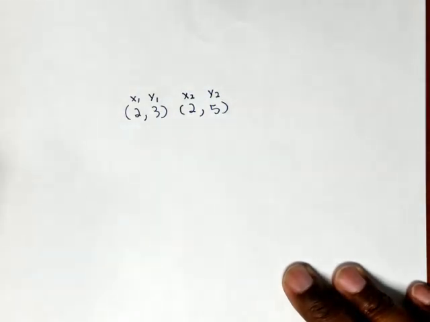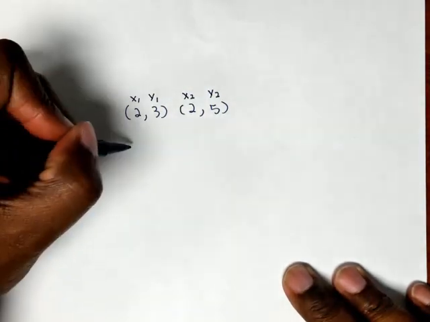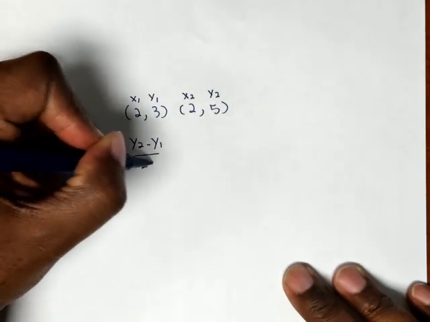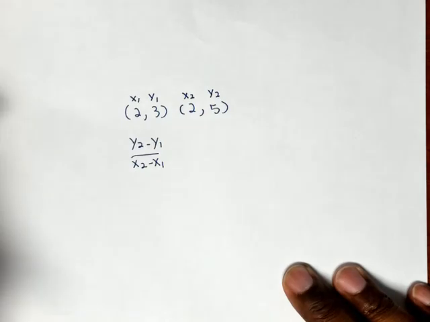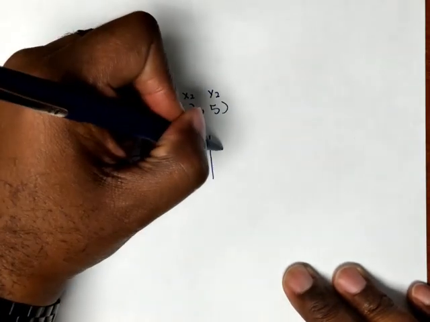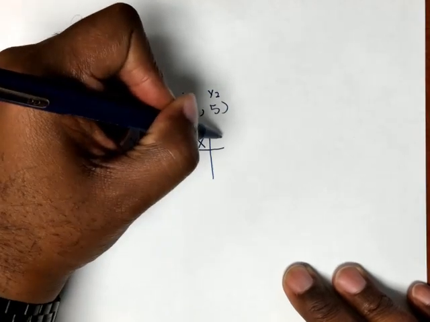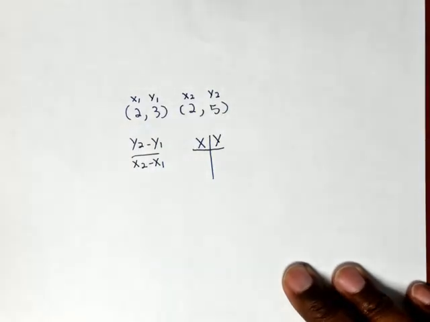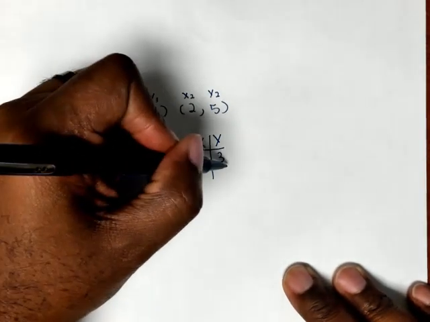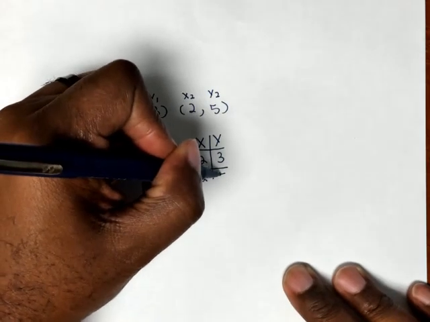Remember, if you're not a fan of using the formula y2 minus y1 over x2 minus x1, and it's not so graphically pleasing for you, you can always turn this into a table. We can see x, y like this, and this can be 2, 3, and then 2, 5.